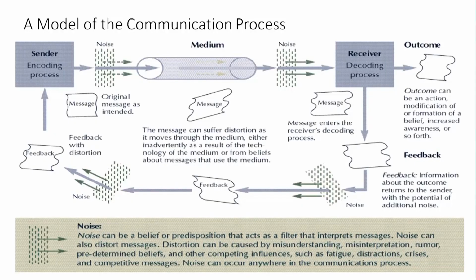Like I am speaking to you, this act of speaking, the act of using language, the act of using these visuals along with my speaking elements, all put together is the process of encoding. Then it is getting transmitted through a medium, like in this particular case I am talking to you through a chain of electronic media to reach you.